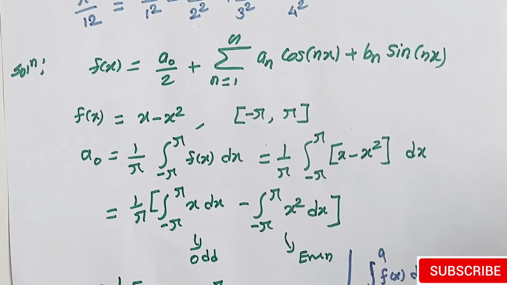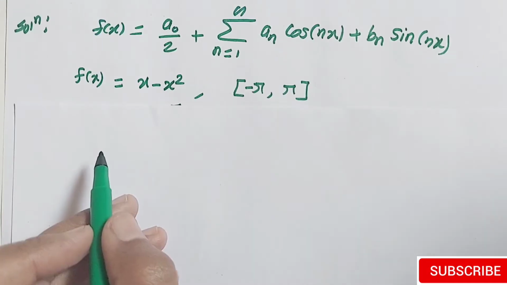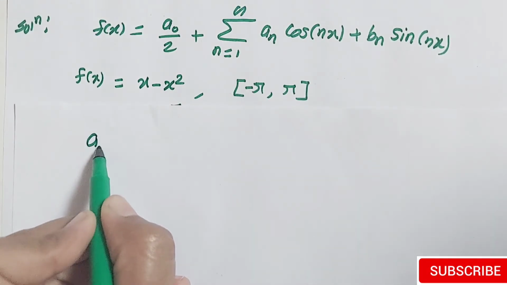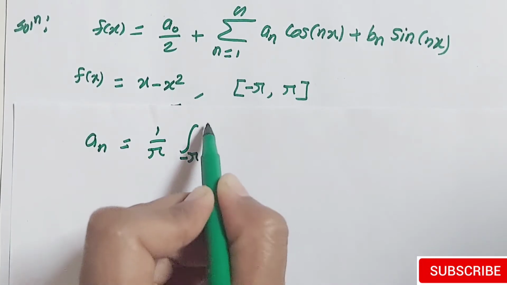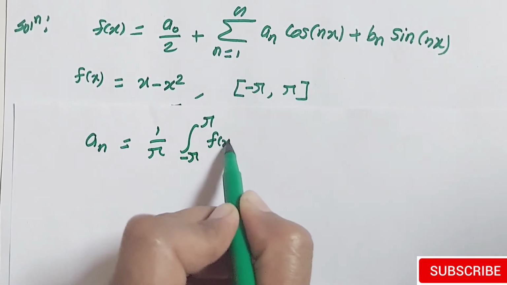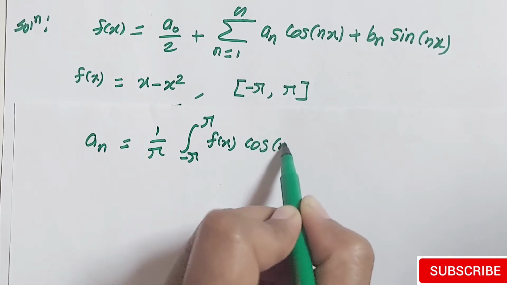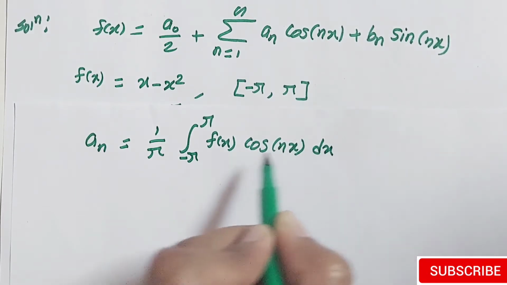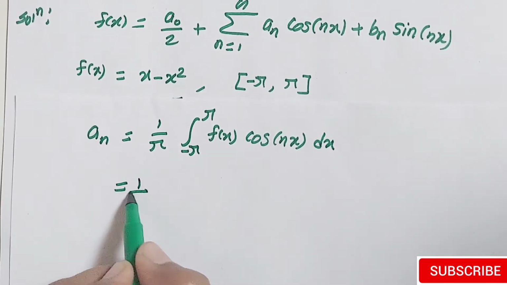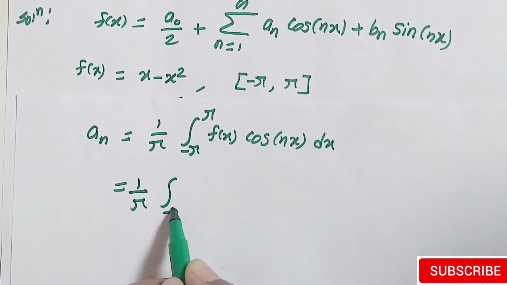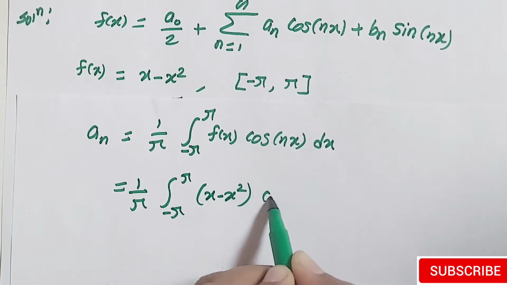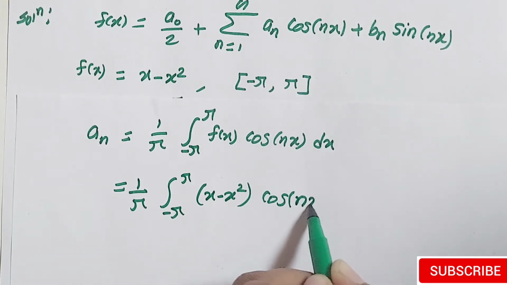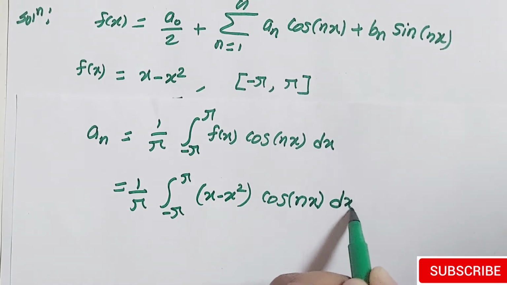Now similarly we have to find the value of an. The formula for finding an is 1 upon pi integral minus pi to pi f of x cos nx dx. Now put the value of the function. Integral minus pi to pi, the function is x minus x square, cos nx dx.